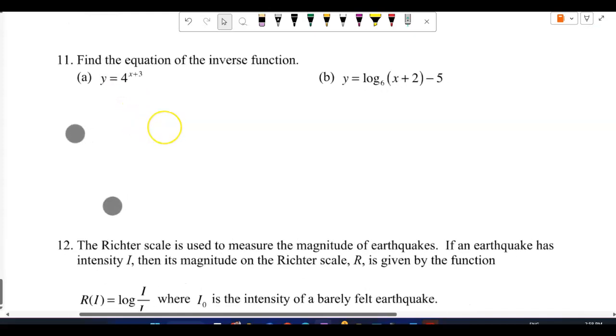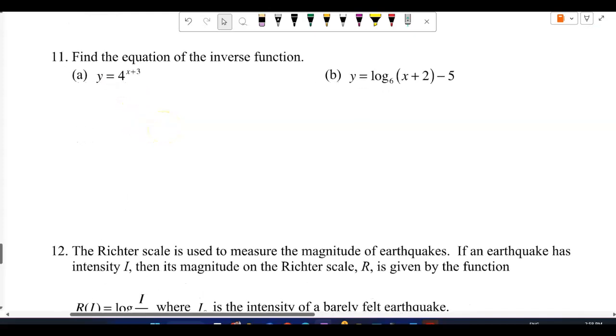Find the equation of the inverse function. Okay, so x is equal to 4y plus 3. And then I do log. Wait, so you say the base afterwards.